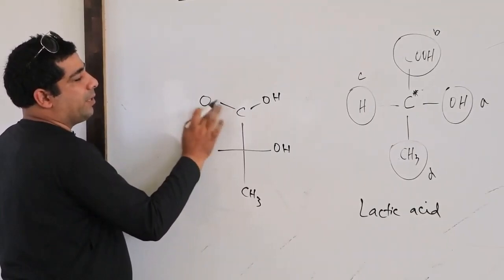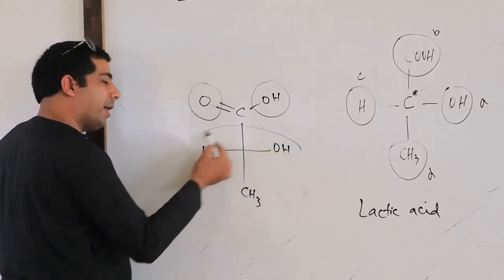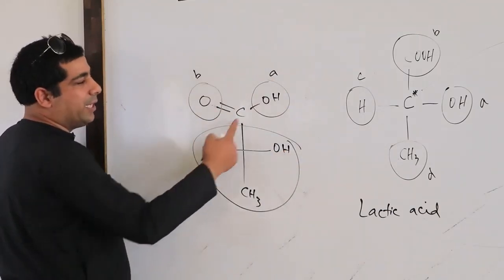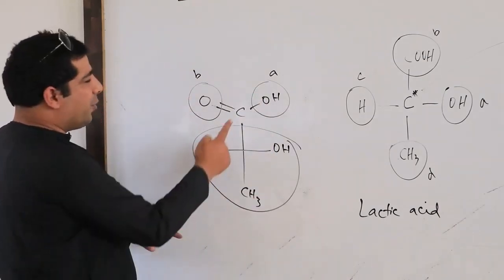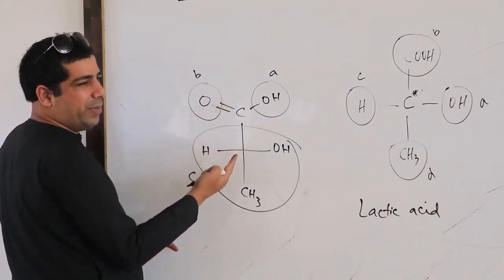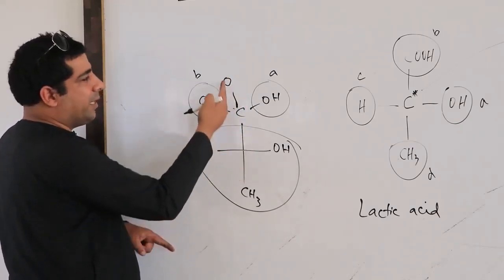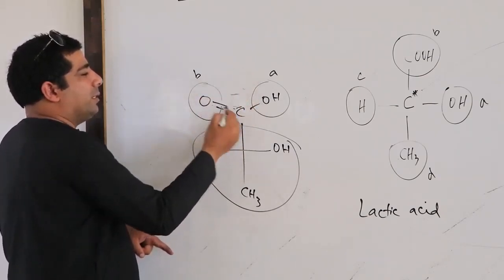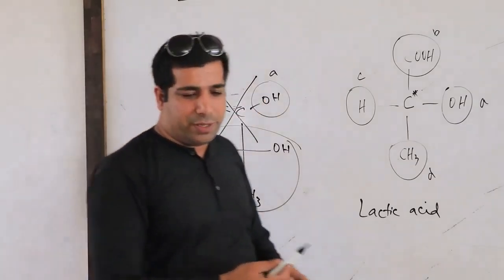This carbon is surrounded by how many groups? 1, 2 and 3, like A, B and C. So this guy is also not surrounded by 4 different groups, it's surrounded by only 3 different groups. Now if you think that this C has a double bond with oxygen, I can take it 2 times also, it does not matter. If I take it like this, that will be the phantom atom. But still they will be same. So this is also not a chiral carbon because this carbon is not surrounded by 4 different groups.